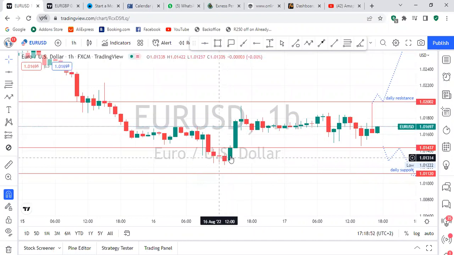Engulfing means it's overlapping. Like, for example, here, we've got a red candle and we've got a green candle. But this will act as a bullish engulfing candle. This candle is engulfing this candle here.